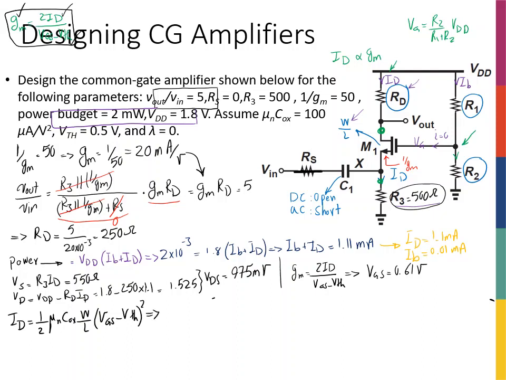Therefore, I can say that my 1.1 times 10 to the negative 3 is equal to 1.2 times mu n Cox, which is 100 microamp per volt squared, so 10 to the negative 4 amp per volt squared, times W over L. And then VGS minus VTH squared is going to be 0.11 to the power of 2. That is going to be 0.0121.